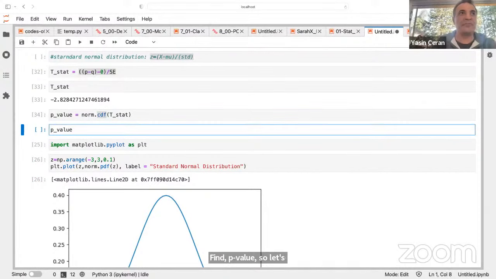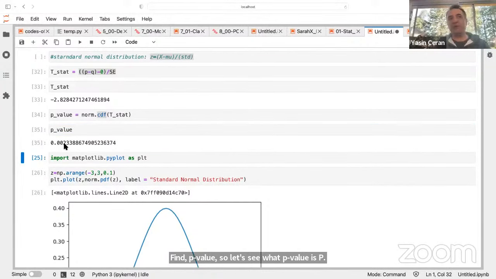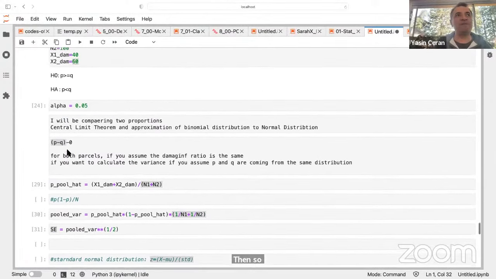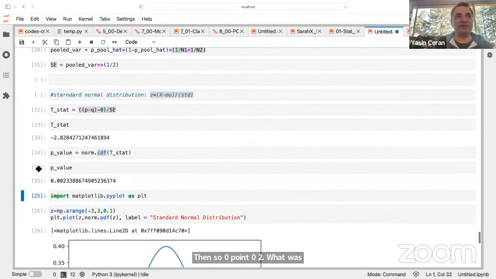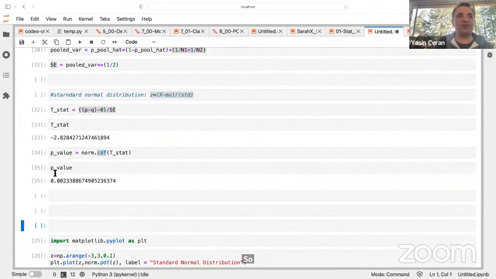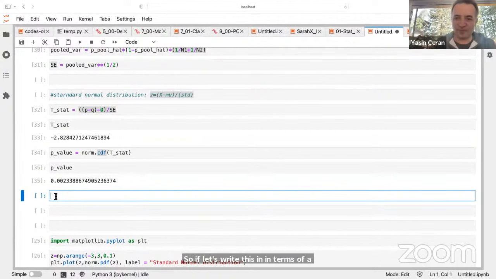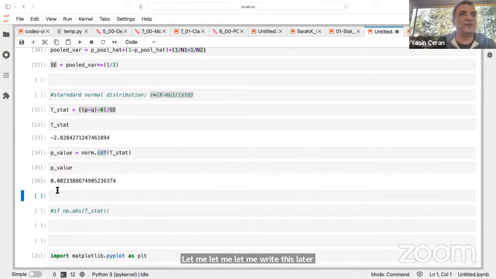P-value. So 0.02. What was our alpha? 0.05. So let's write this in terms of code.